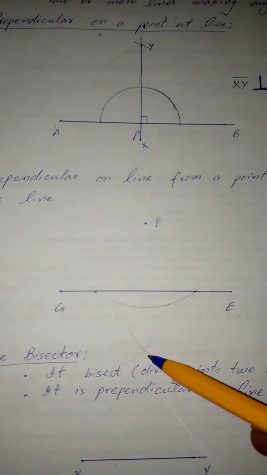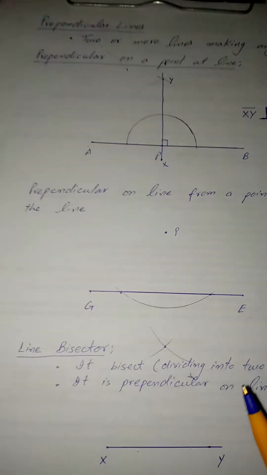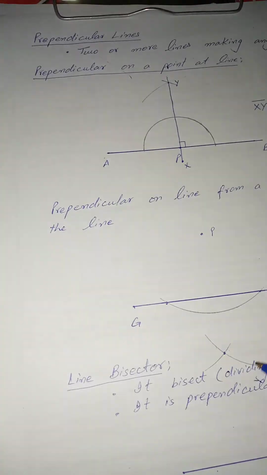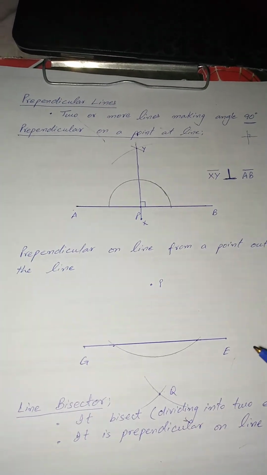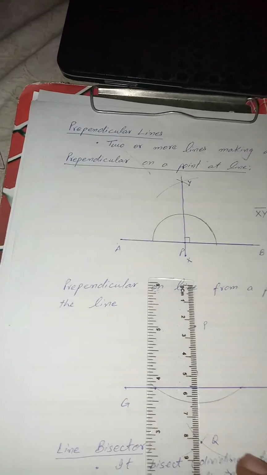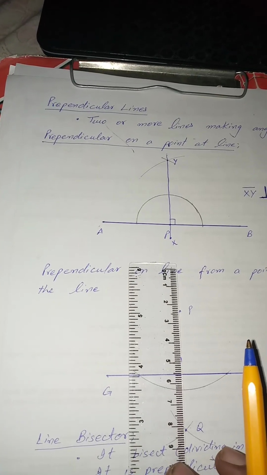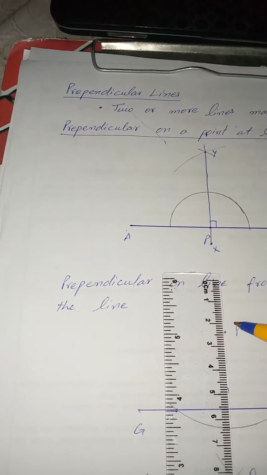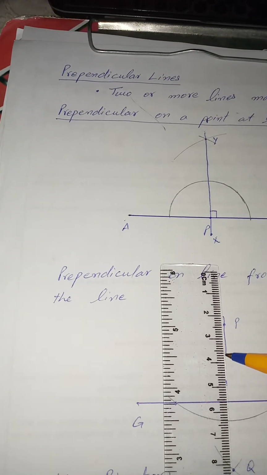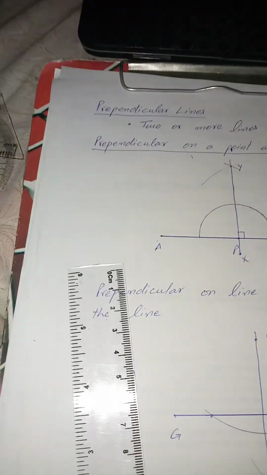These two intersecting arcs will make a point here. Okay, now we can name it. For example, if we say Q, now let's join PQ. If we join PQ, then this is a perpendicular.